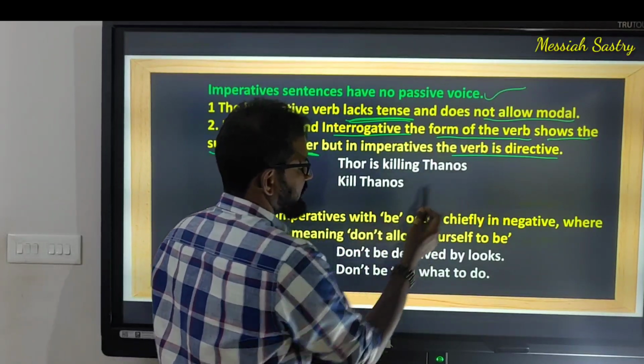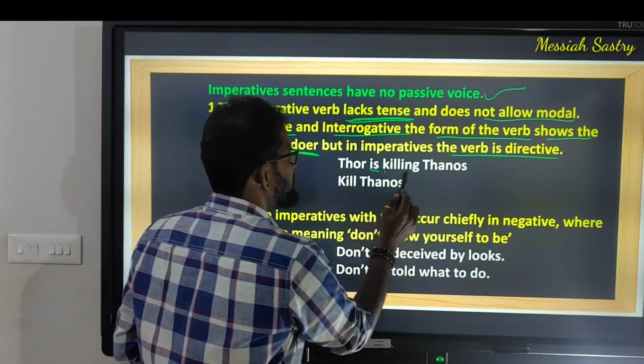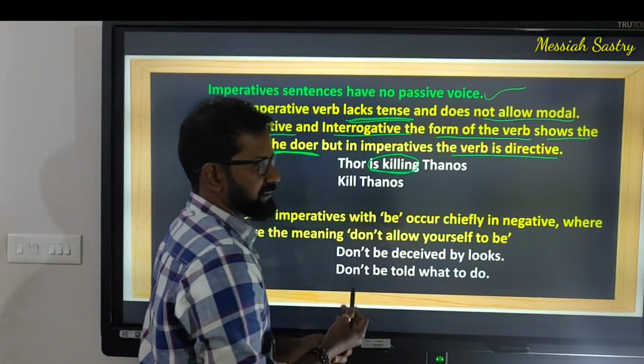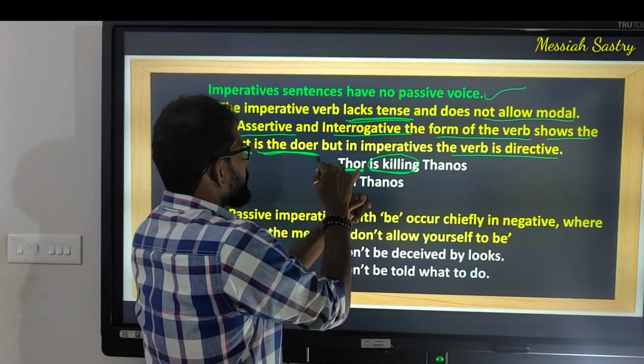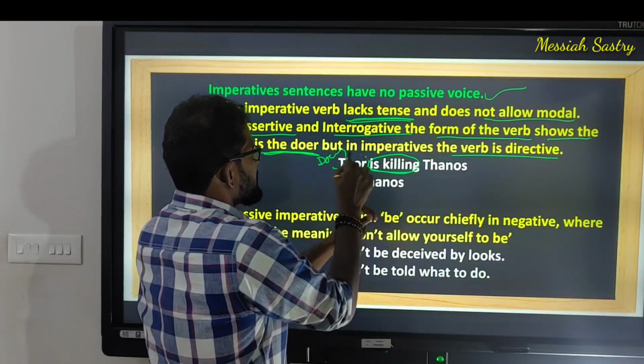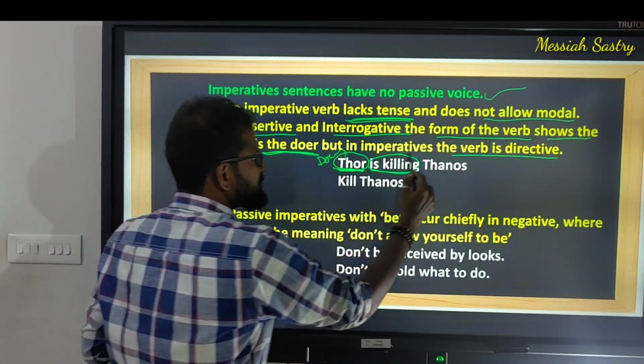Thor is killing Thanos. Is killing is the form of the verb telling that Thor is the doer. So the subject is the doer.